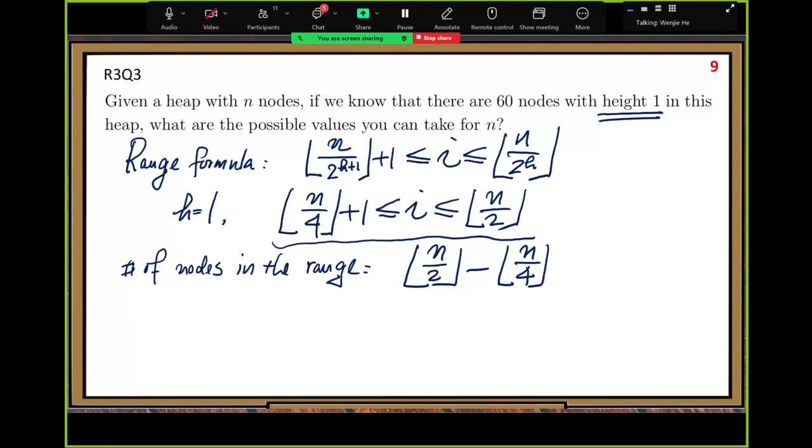So it is the integer just in front of that lower bound number. This is the expression, and we know this number equals 60. So we need to solve this equation and find all the possible values for n.